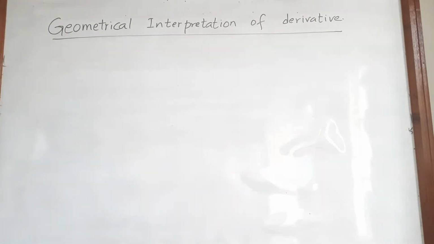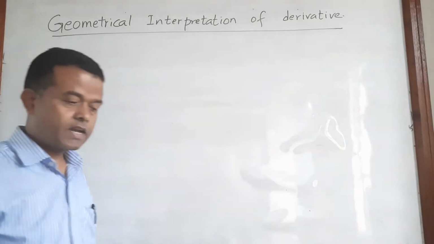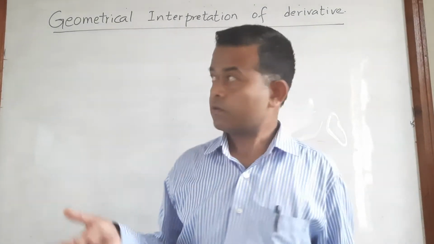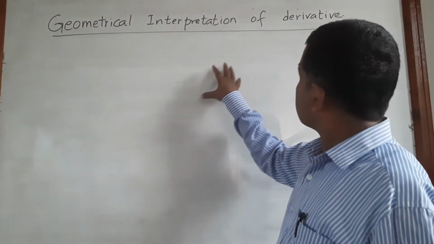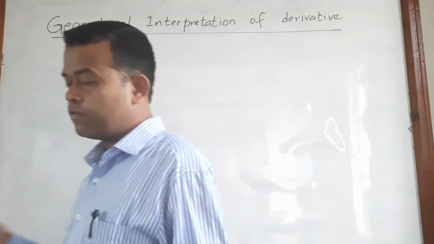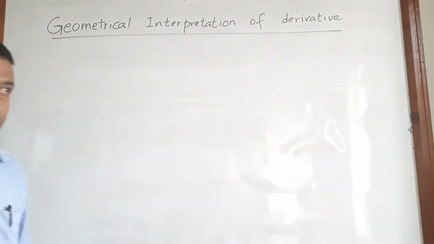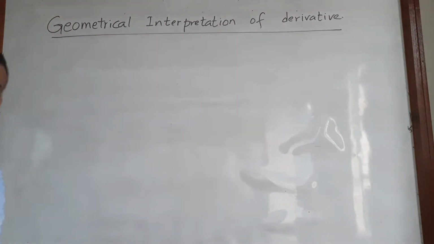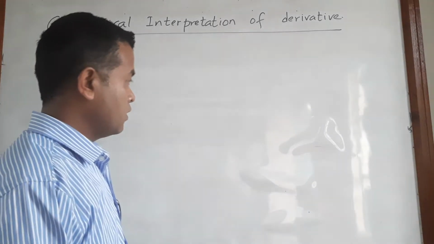Every science student needs to know this concept to understand physics. So I have chosen this topic. It will be helpful to mathematics students as well as science students of the biology group.